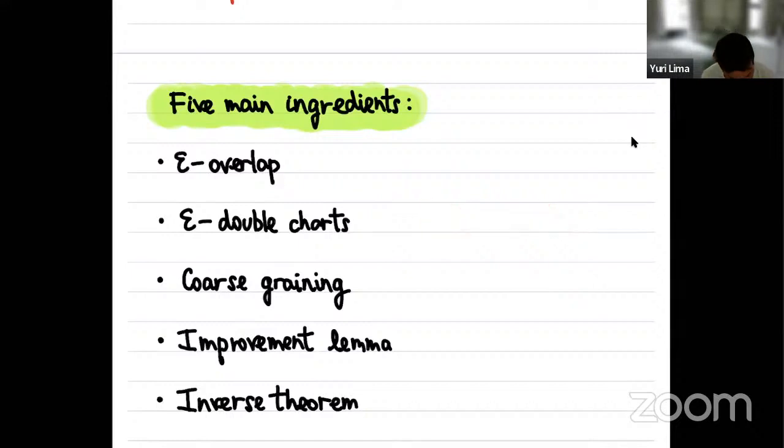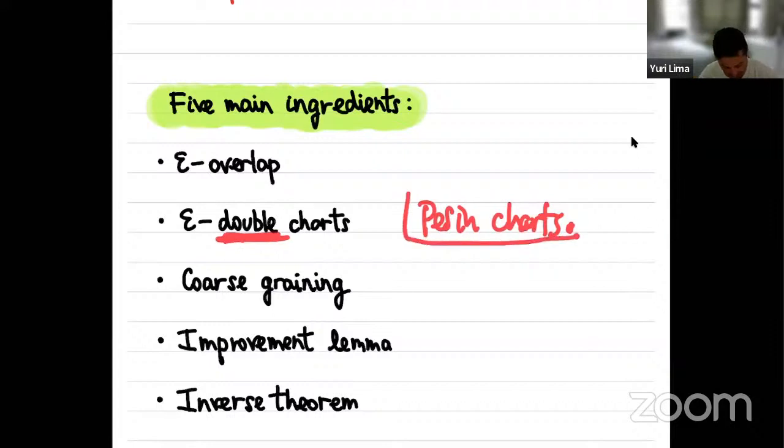So the idea of these double charts is to introduce 2 different scales, one to analyze the behavior along the stable direction, another along the unstable direction. So passing charts are single charts, and we are going to pass to double charts, in which we can separate the study of the stable direction from the study of the unstable direction.